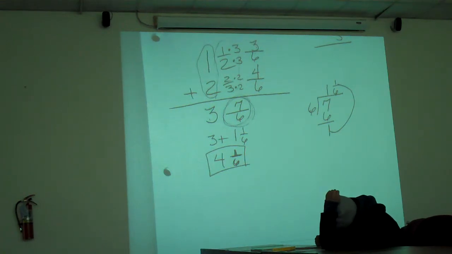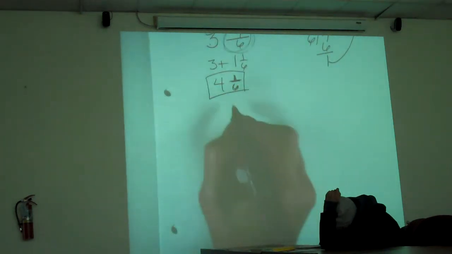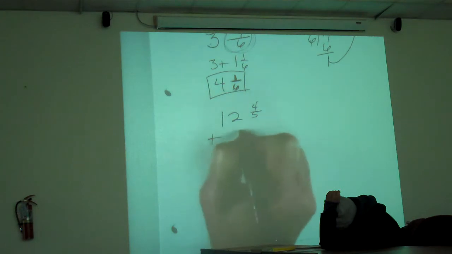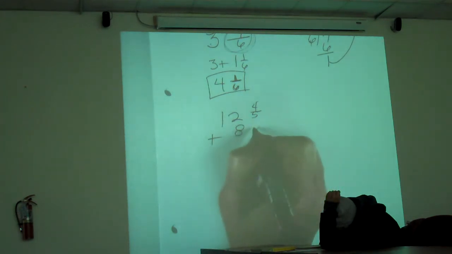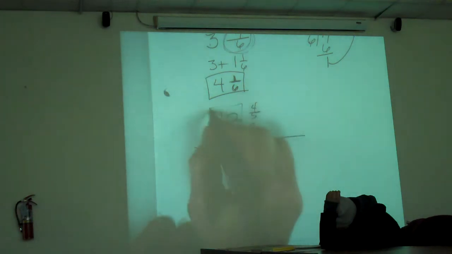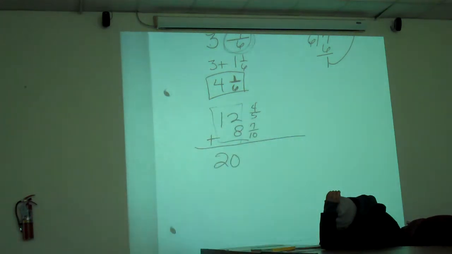Okay, let's do some more. Let's see. Let's do one like 12 and 4/5 plus 8 and 7/10. Add the 12 plus 8. You get 20, right?